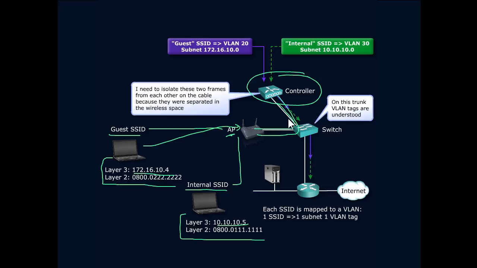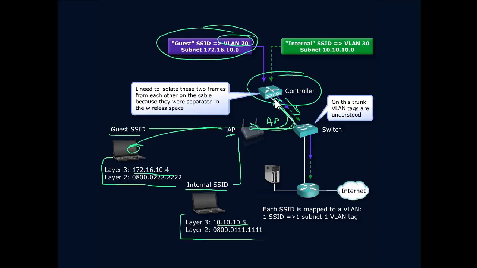So what's going to happen is every time data goes through here, we're going to have an access point to controller tunnel in which the client guest data is going to go through that tunnel, reach the controller, and then it's going to be de-encapsulated. And then from the controller, because the SSID of that guest will be identified, it will exit the controller using the guest VLAN ID, in this case VLAN 20.